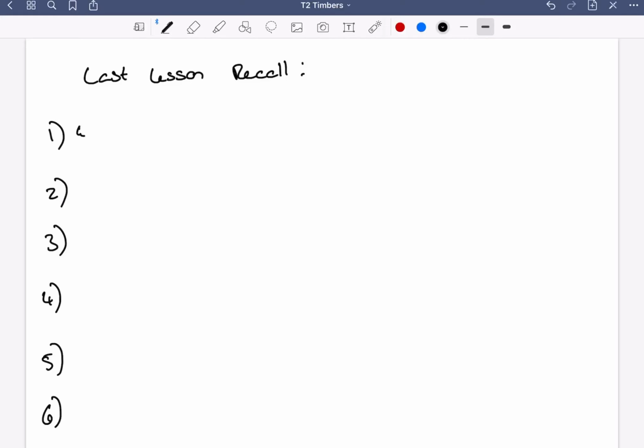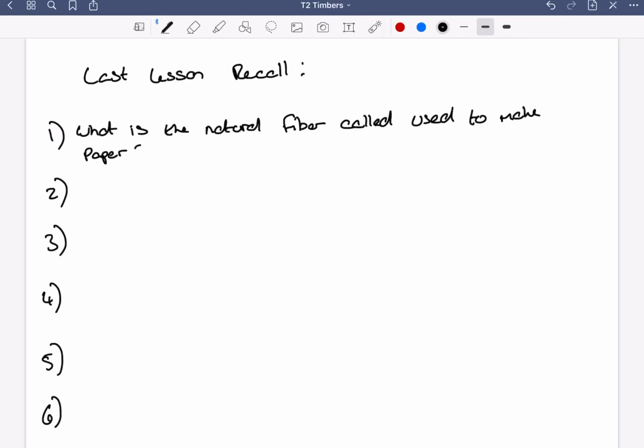So first of all, what is the natural fibre called used to make paper? So what's the natural fibre used to make paper?